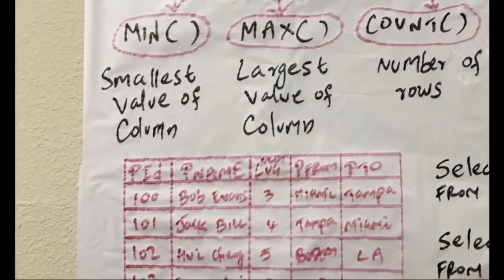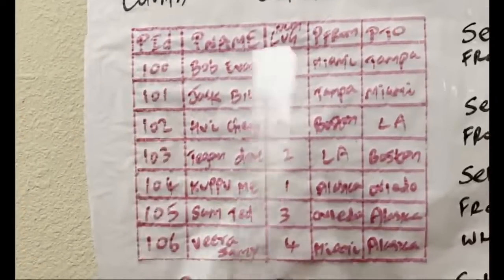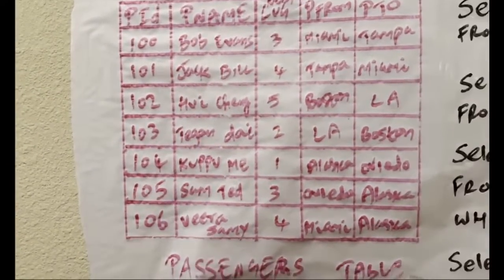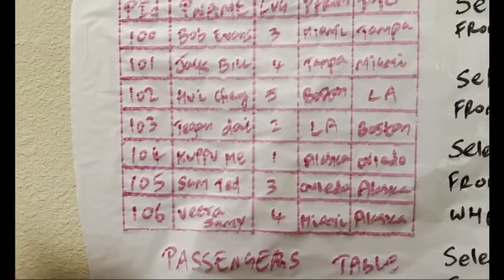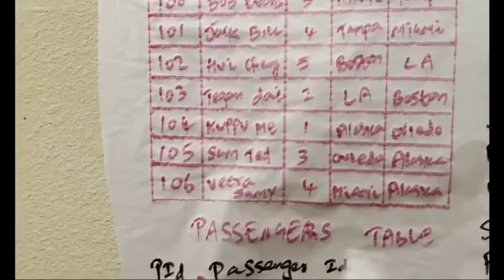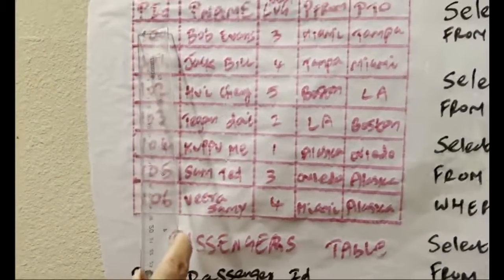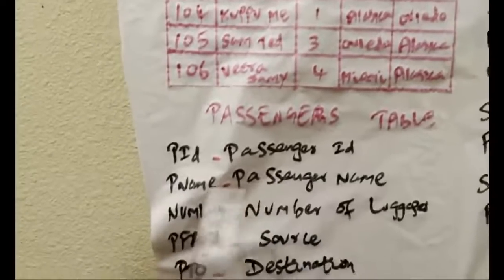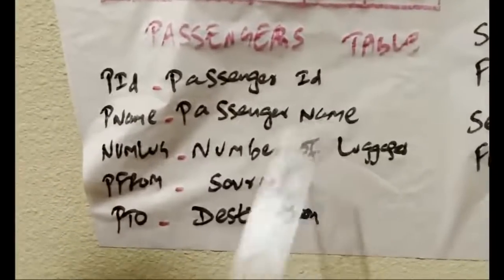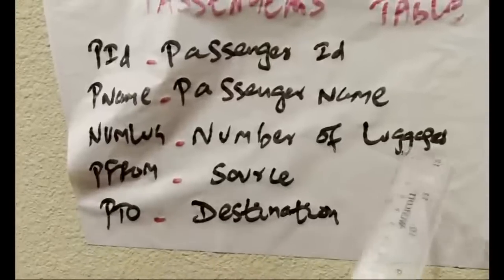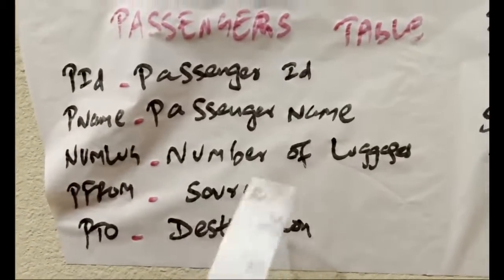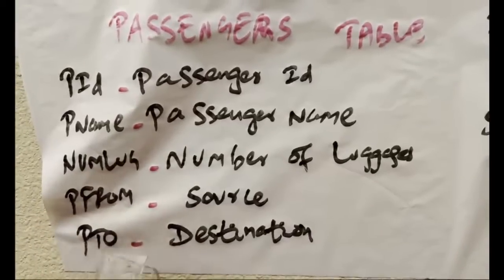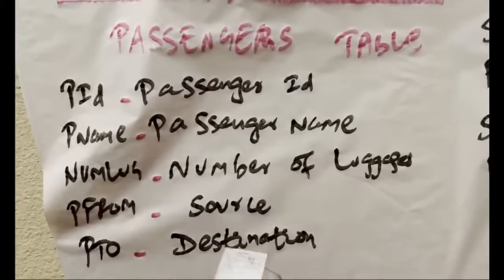See, there is a table here. It's related to trains. If you watch my other videos, I'll be using the trains table and the passengers table. In this passengers table, PID is passenger ID, P name is passenger name, numlog is the number of luggages they have, P from is the source where they are traveling from, and P2 is the passenger's destination place.